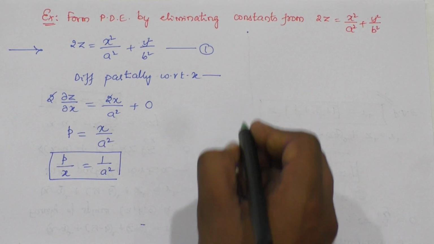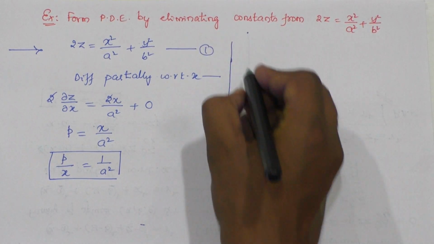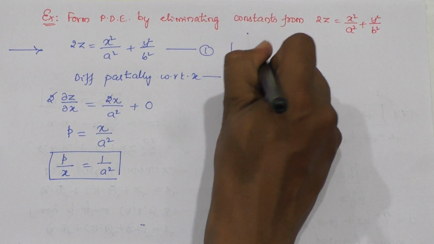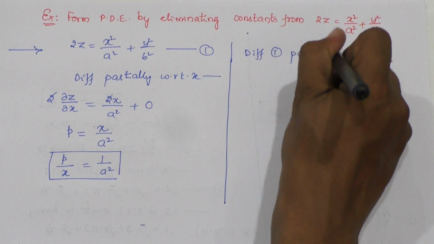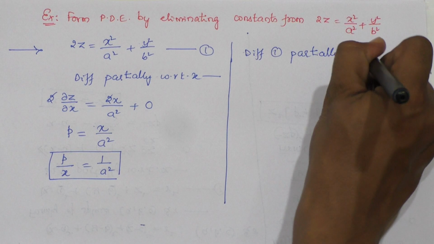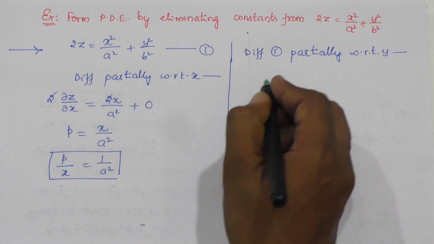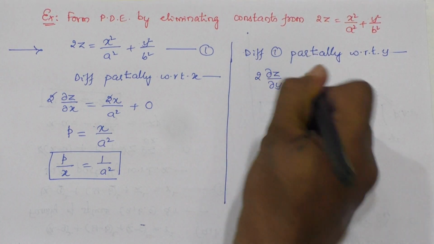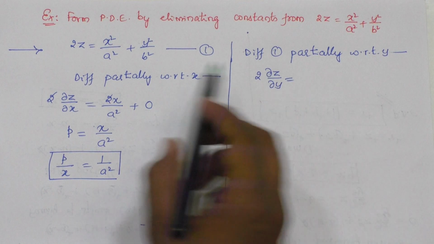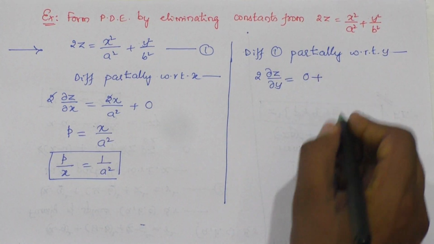Now in the same way, differentiate 1 partially with respect to y. 2z differentiation with respect to y gives 2 dou z by dou y, equal to, with respect to y the x term we treat as constant, its derivative is 0.